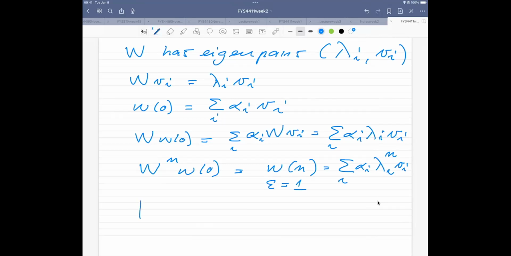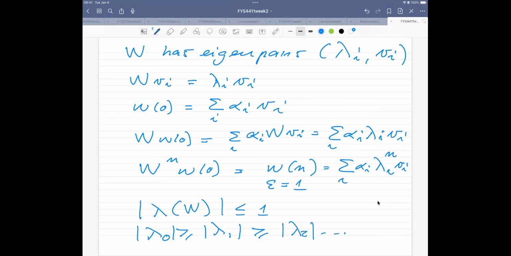So this is a stochastic matrix, which means that the eigenvalues of this stochastic matrix are less than or equal to 1. And now we can sort them so that we have a lambda 0, the first one, which is larger than lambda 1, which is larger than lambda 2, and so on until the final one, which is lambda of n.